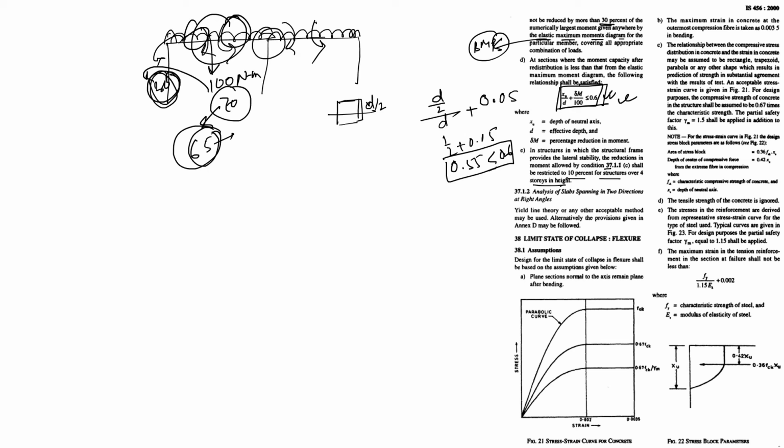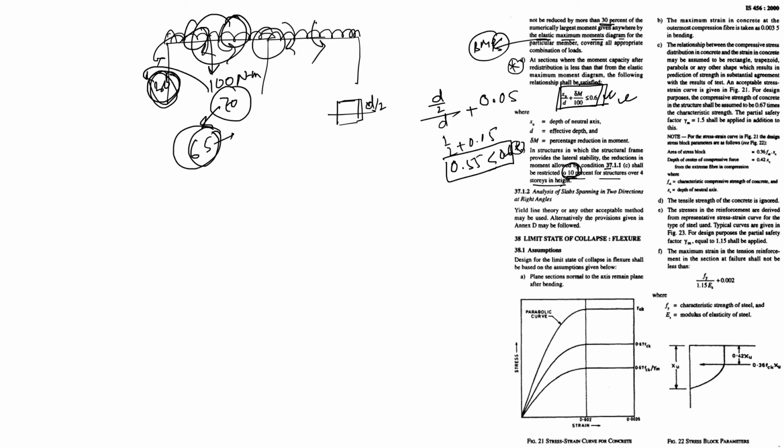Structural frame here means a steel structure providing lateral stability. If your building is more than G plus 4, it is applicable for G plus 5, then it is restricted. Previously it was 30%, but now it is only 10%. So remember it. Very beautiful IS codes. Just go through the IS code in this fashion, and you will fall in love with civil engineering.